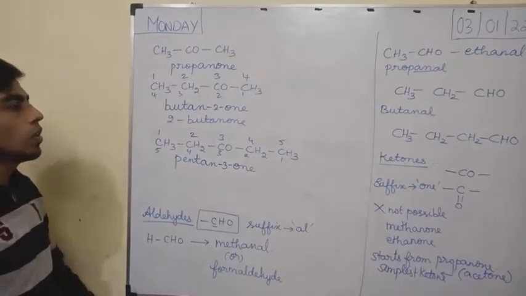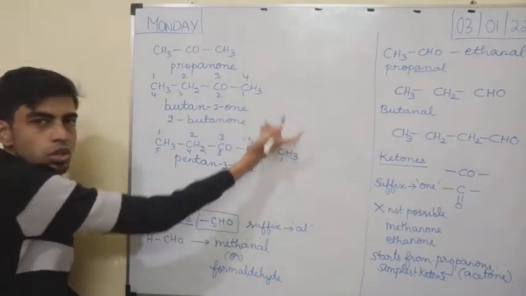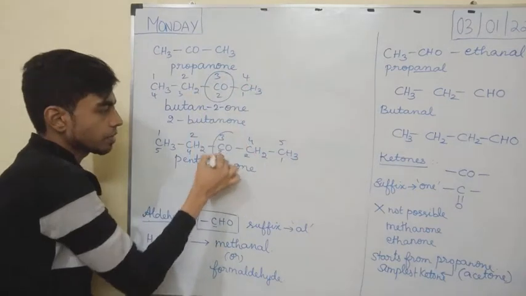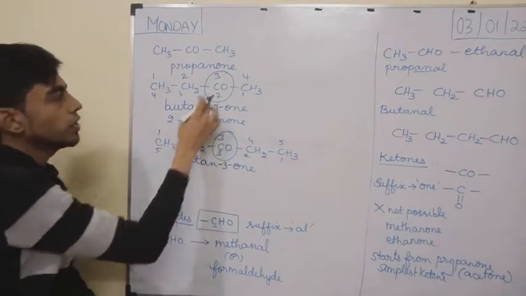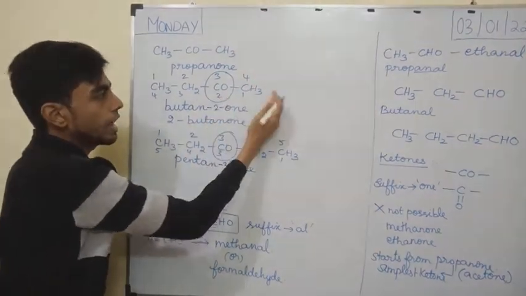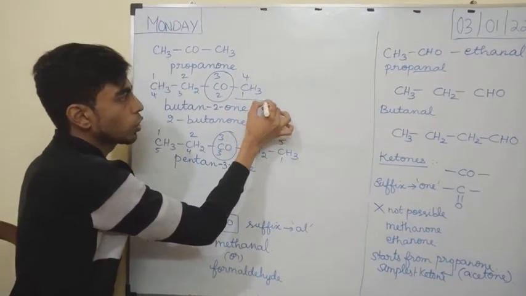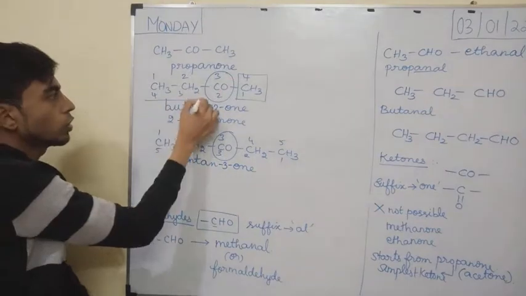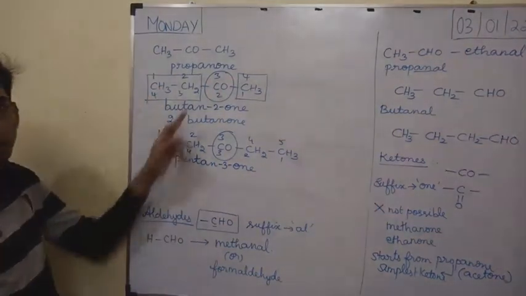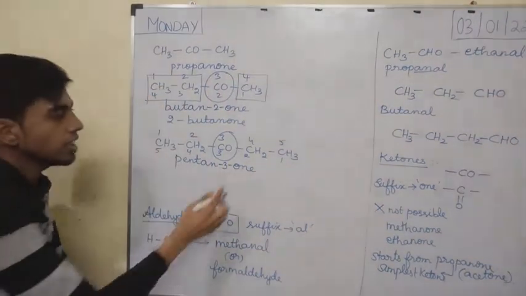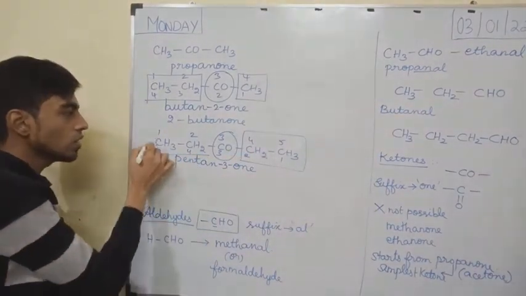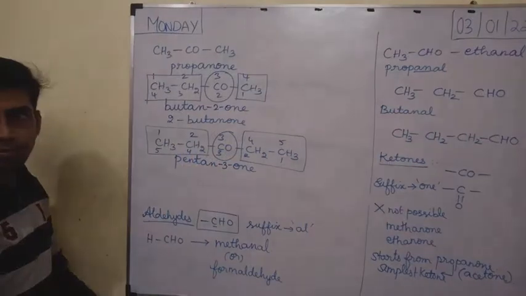What is the difference between these two? Here the ketone group is present. On the right side of the ketone group only CH3 is present, and on the left side CH2, CH3 is present. Here you see this side CH2, CH3 and this side also CH2, CH3.